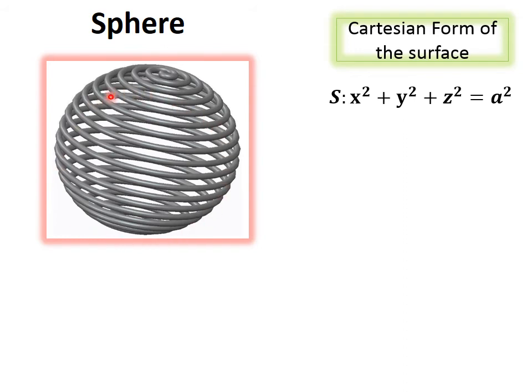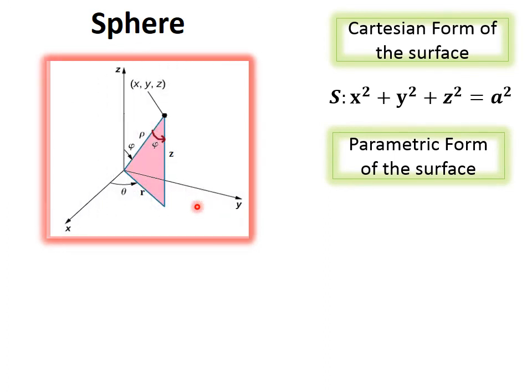Now, which coordinate system should you prefer to represent the surface sphere in the parametric form? Yes, it is the spherical coordinate transformation.